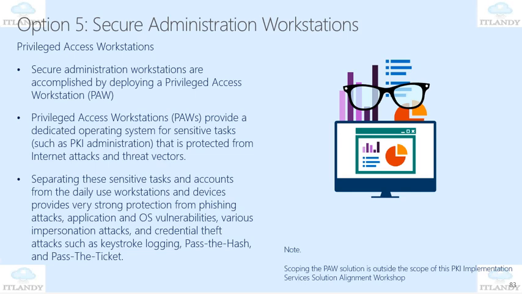Separating these sensitive tasks and accounts from the daily-use workstations and devices provides very strong protection from phishing attacks, application and OS vulnerabilities, various impersonation attacks, and credential theft, pass the hash attacks and pass the ticket attacks.